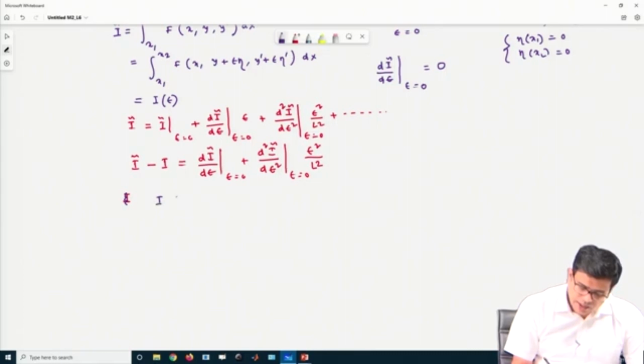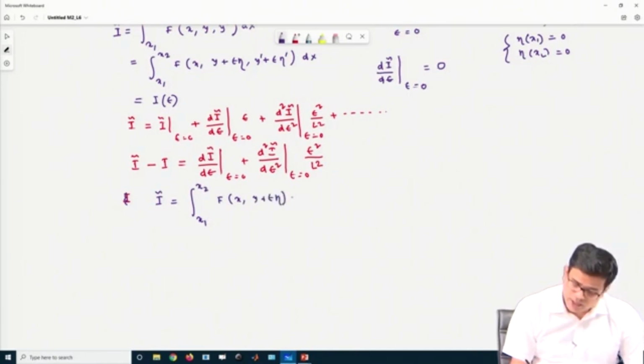I tilde is the integral from x1 to x2 of f of x comma y plus epsilon eta, comma y prime plus epsilon eta prime, right? We know that. So this is my I tilde.